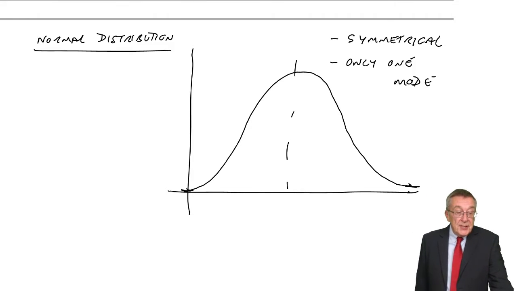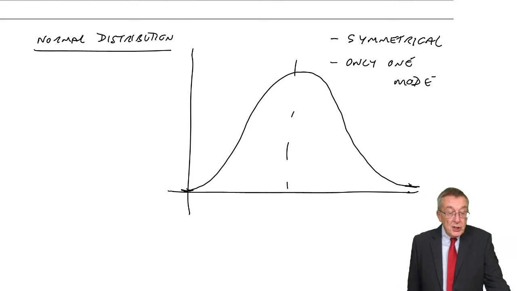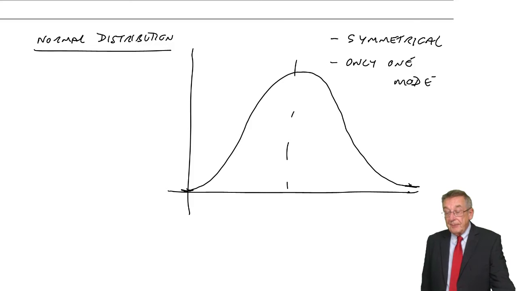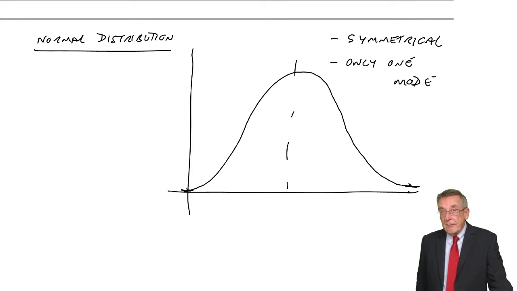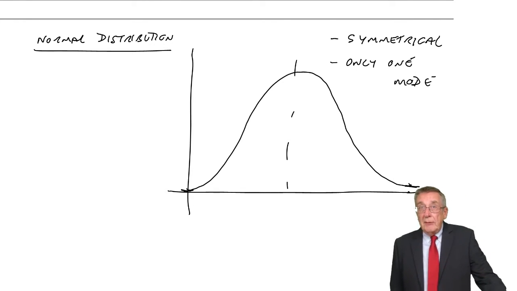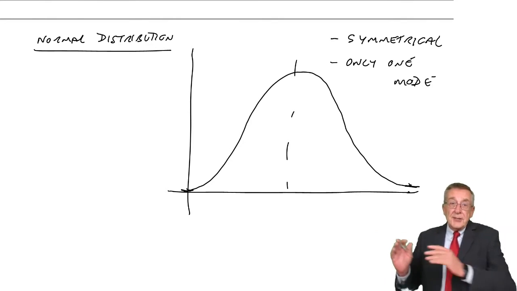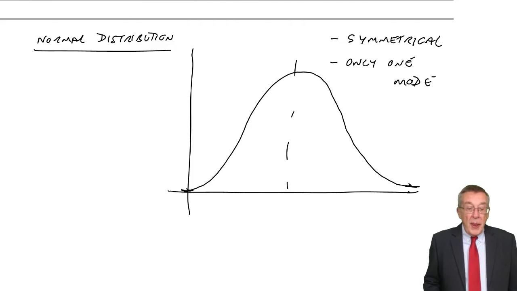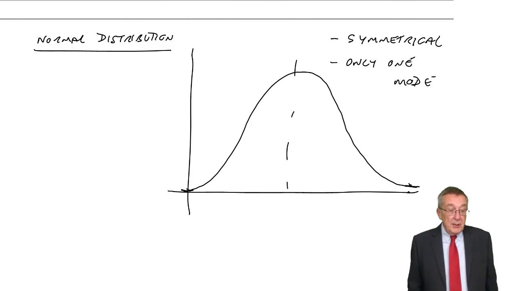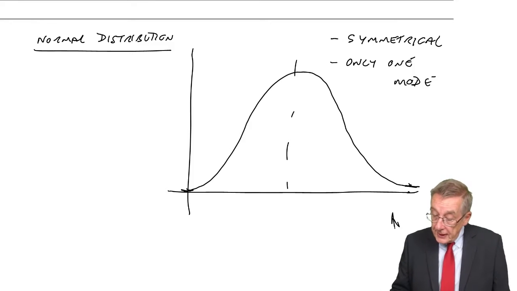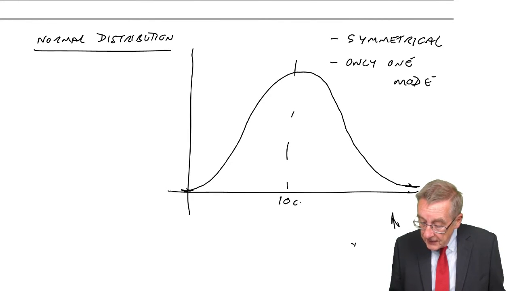A company produces units with an average length of 10 centimetres. So obviously, if that's the average, some units are bigger, some units are smaller. If it's a normal distribution, which is what we assume, then the average is in the middle. It's 10 centimetres.